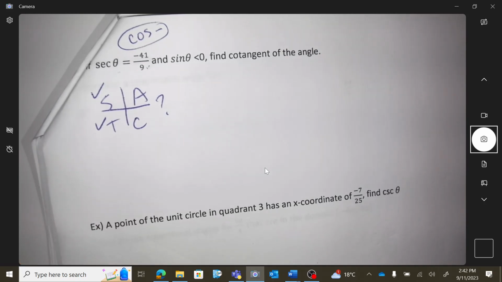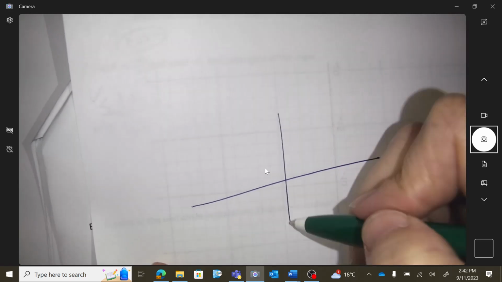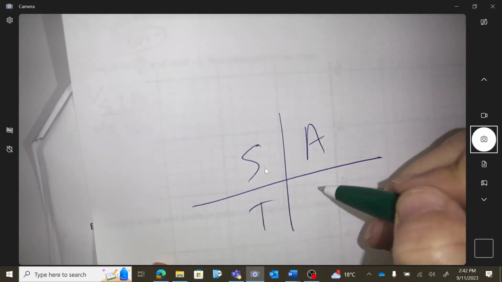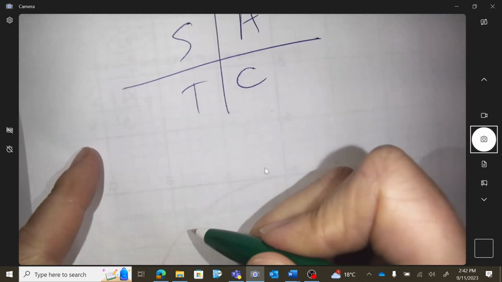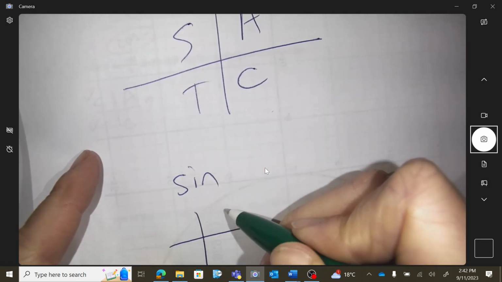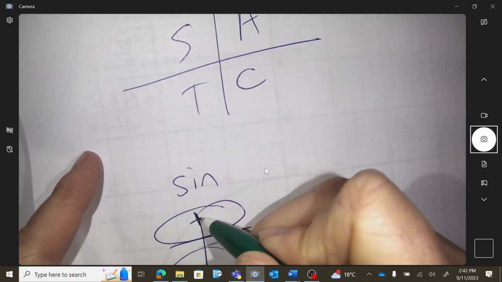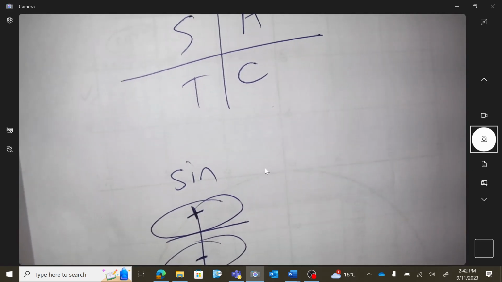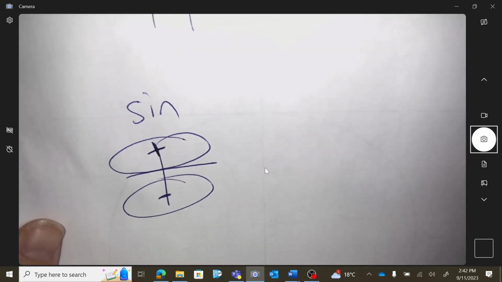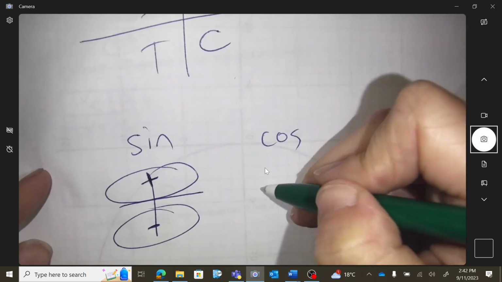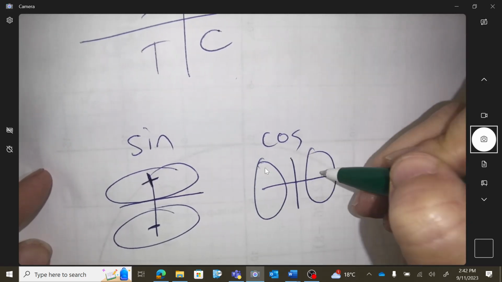Do you want me to tell you the trick again? Do you remember that trick with ASTC? Maybe you don't, so I'll just tell you it from last year. So here was the trick. Sine deals with y, so sine was always up, down. Cos deals with x.